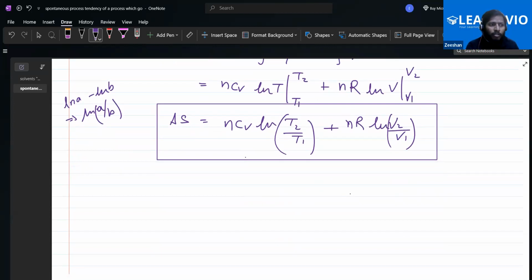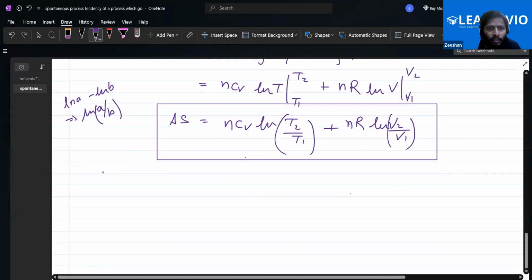Now we will go through some processes. For example, first we will take the isothermal process. In an isothermal process, what is the same: temperature, pressure, or volume? Temperature. Good. So in an isothermal process, T2 and T1 become equal, right?